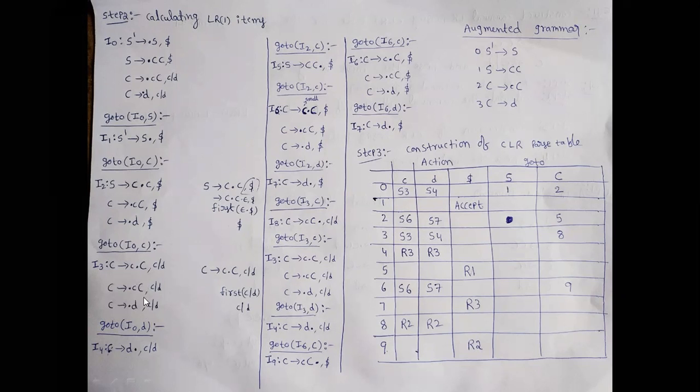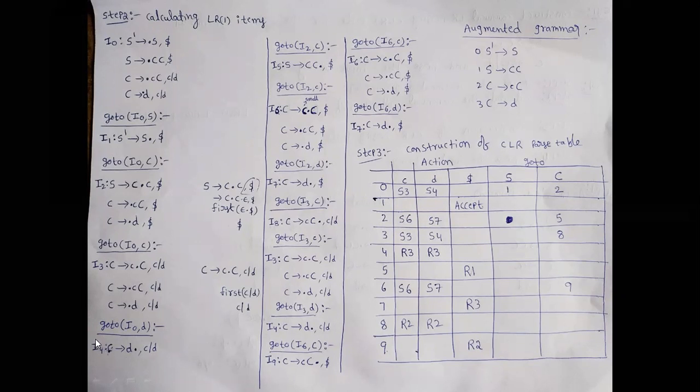Then this total production is considered as state I3, and here C is production with D dot, and this lookahead is written as it is. So C is production with D dot comma c/d. So I3 is completed.